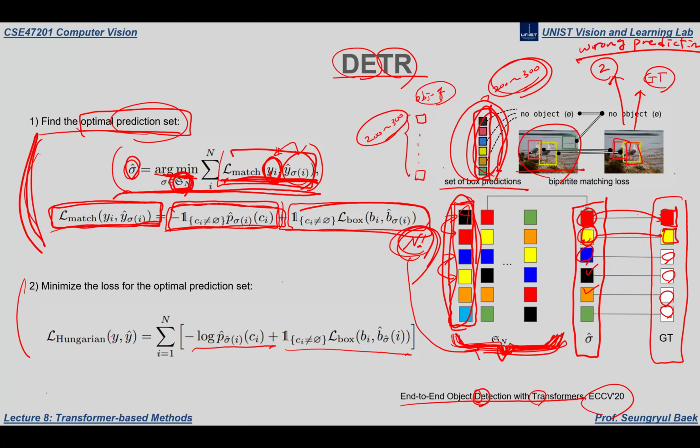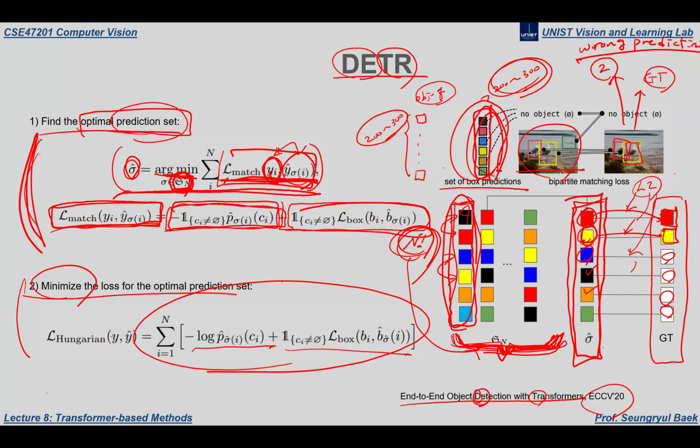So we are applying L2 loss on the bounding box and class probability for each, okay? And that happens in this second stage. So we minimize the loss for this optimal prediction set, which is sigma hat, to bring their response closer to the ground truth, okay? Are you understanding this? We first choose the best permutation from the predictions and then apply the loss function.